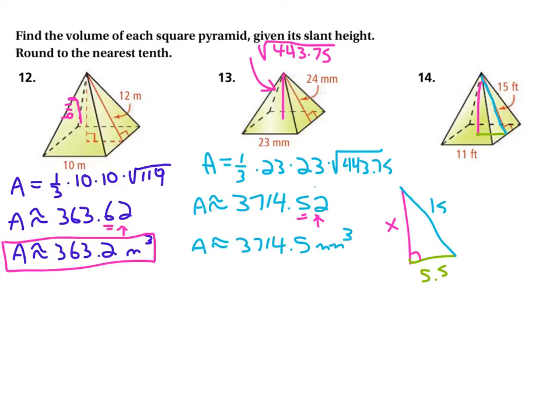You can see how, if a squared plus b squared equals c squared, then a squared equals c squared, 15 squared, minus b squared, 5.5 squared. Okay, so then x squared equals, I'm going to type this into my calculator to see what I get, and I get 194.75.